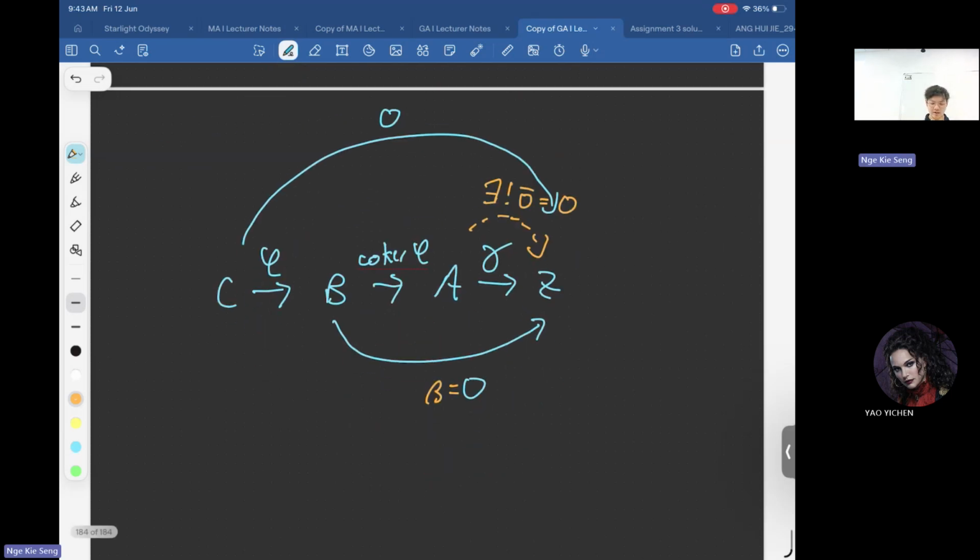So by uniqueness, by the universal property of the co-kernel of phi, gamma has to be 0.